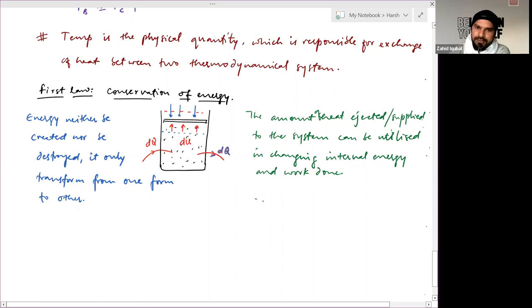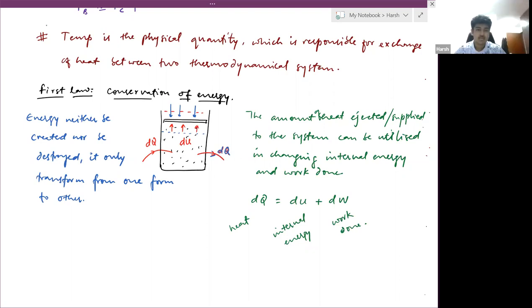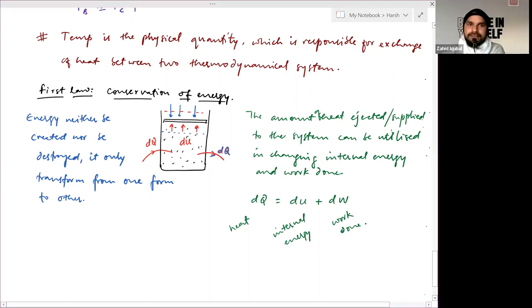That is, dQ is equal to dU plus dW, where dQ is heat, dU is internal energy, and dW is work done. Is it clear? Yes, sir. Now, just write it down, then I'm explaining these three different terms individually.